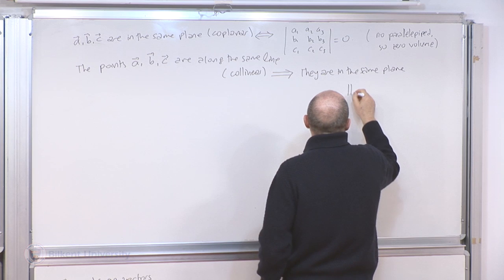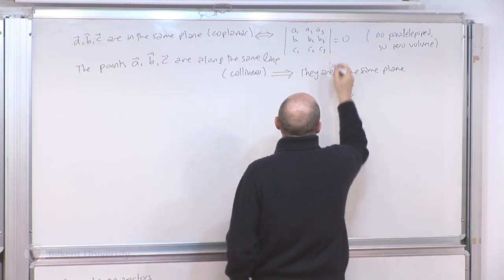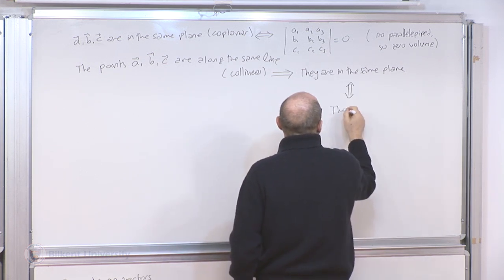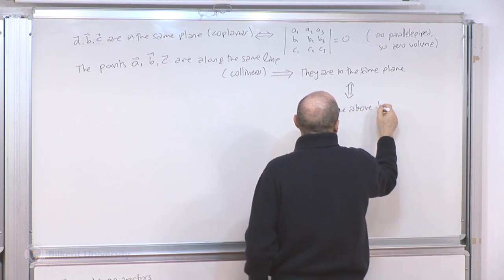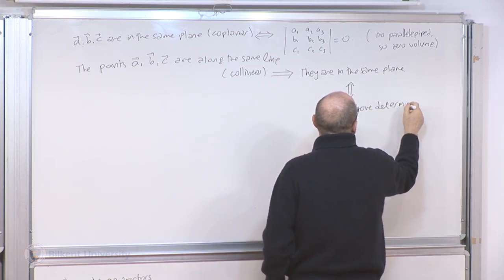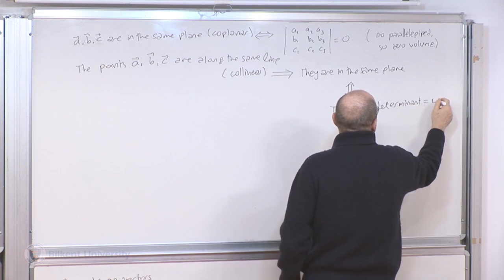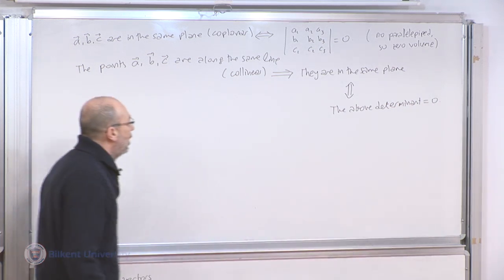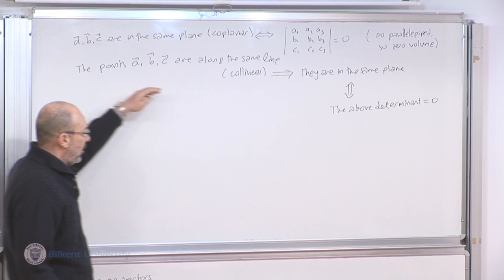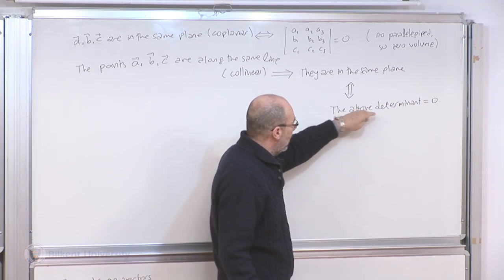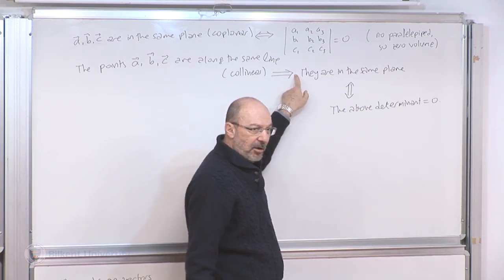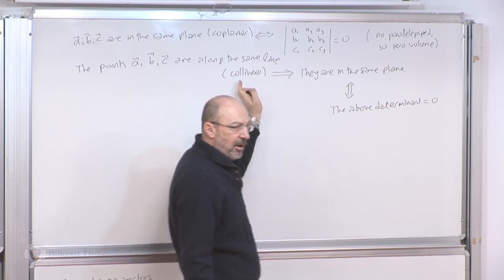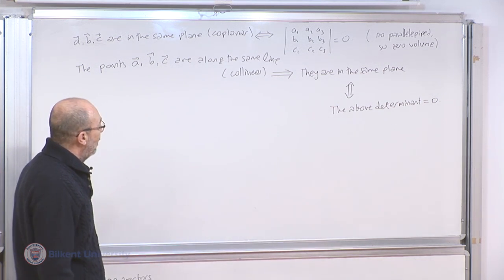But when they are in the same plane, we know that the above determinant is equal to 0. So when we know that the determinant is 0, we follow these arrows and we are stuck here. This doesn't imply that they are along the same line.